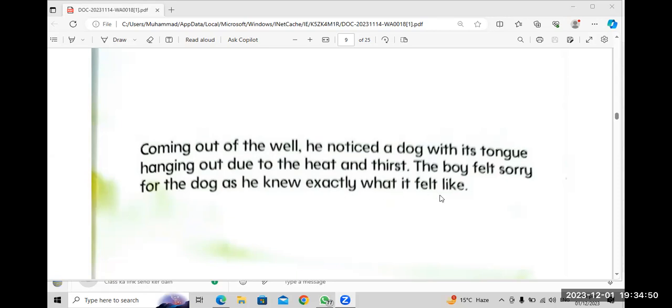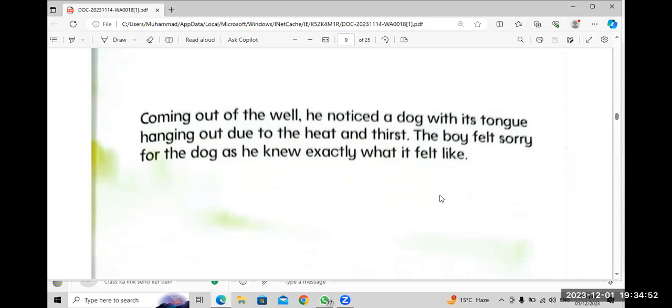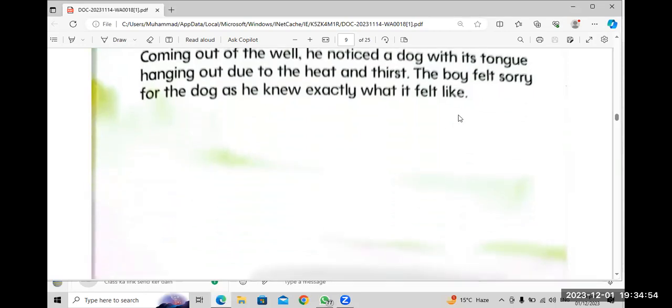Why did he know that? How did he know about the feelings of the dog? Because the boy was also thirsty. Yeah, because the boy was also thirsty, so he can imagine how the dog felt. Because its tongue was out.